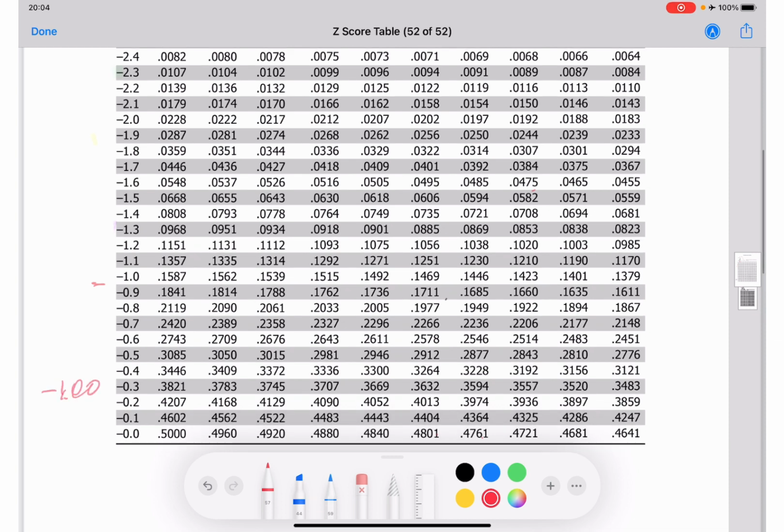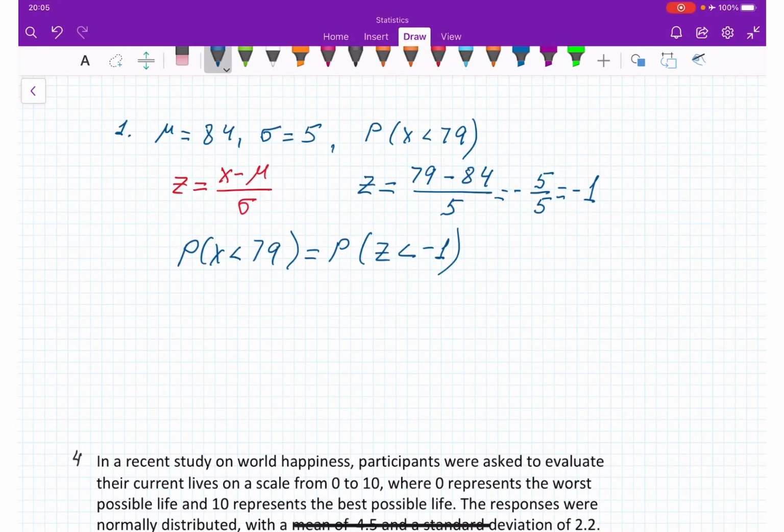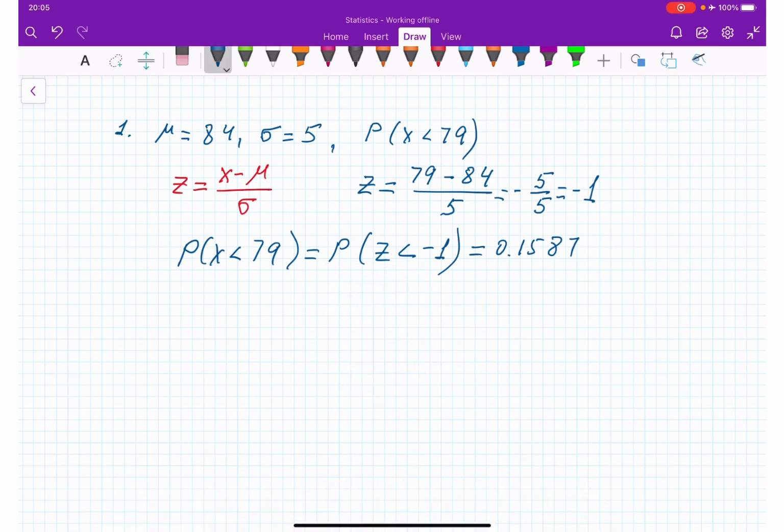The z-score is identified with a whole number and 2 decimals. I have a special video that explains how to work with the z-score, so please watch it and also the lecture. It will help you. So negative 1 gives 0.1587. From here, I'm going to write down that the probability is equal to 0.1587.